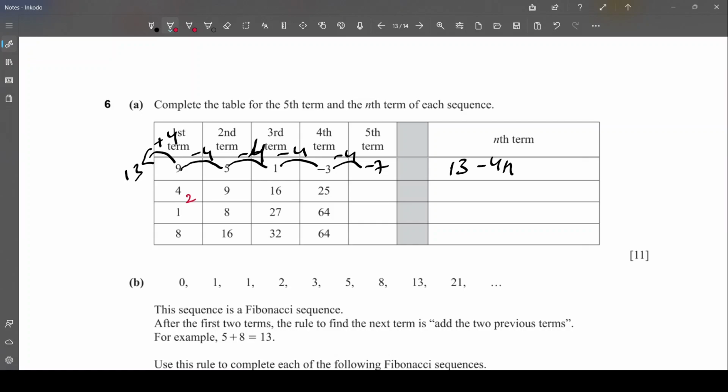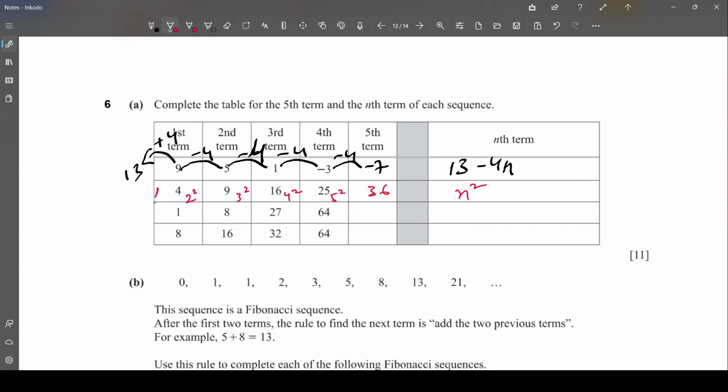It is actually 2 square, right? This is 3 square, this is 4 square, this is 5 square, and here it should be 6 square. That is correct, that is 36. But when you are writing the nth term for this case, usually you will write n square because it follows the n square pattern, but it will be wrong because it is not following n square from the first.